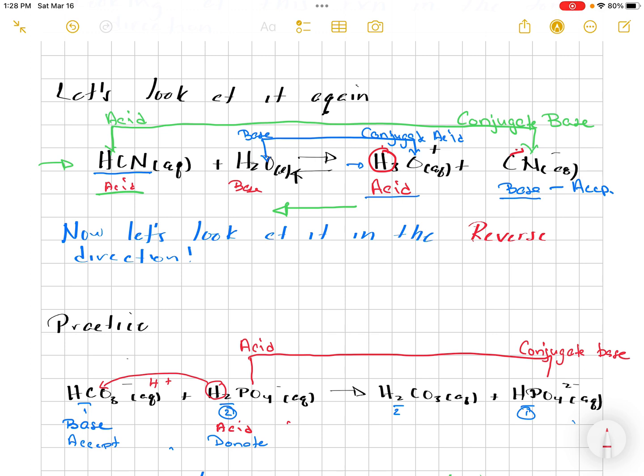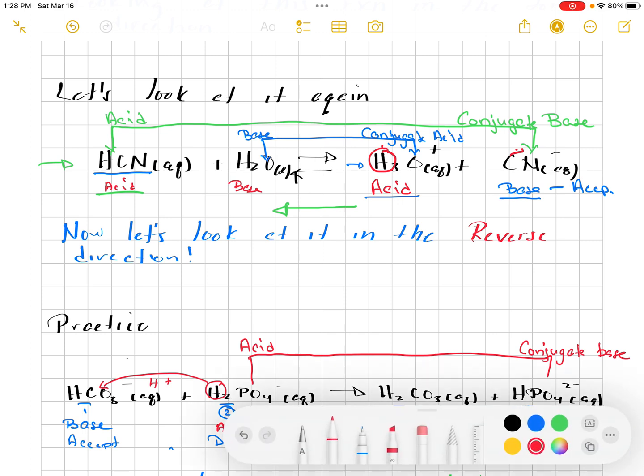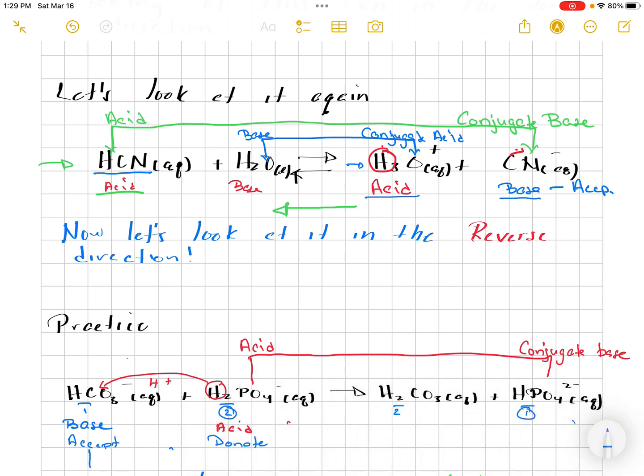Now, if this one, the hydrogen carbonate, is my base, then on the other side, this one is going to become the conjugate acid. And that's how you identify the acid, the base, and its conjugate pair.